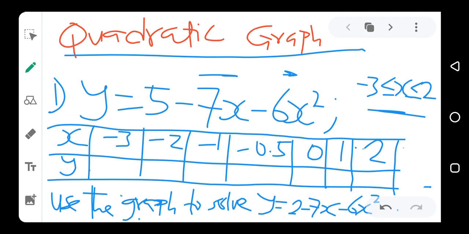Now, when we get the value for y, we go to the y-axis and locate that value. If it is 3, at the y-axis, we locate 3. If it is 1, at the y-axis, we locate 1. If it is 2, we locate 2. If it is minus 4, we locate minus 4. Then we draw a line that will cut the original graph we've drawn before at both sides.